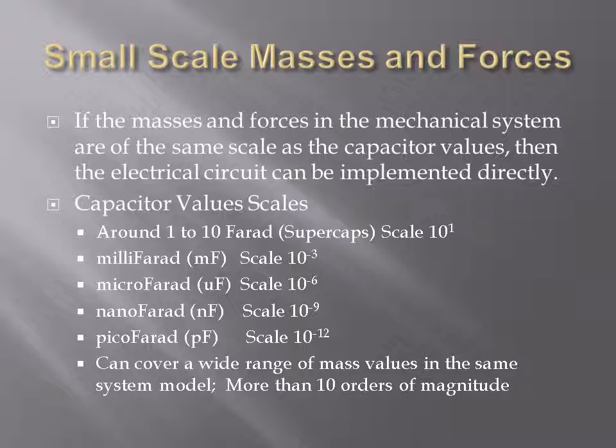We have the microfarad range on the scale of 10 to the minus 6, the nanofarad range that is on the scale of 10 to the minus 9, and the picofarad range that is on the scale of 10 to the minus 12. These are the common values. And with these common capacitor values, we can cover a wide range of mass values in the system model. This is more than 10 orders of magnitude wide, up to about 12 orders of magnitude.